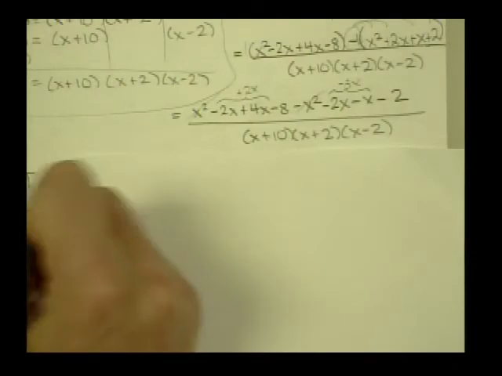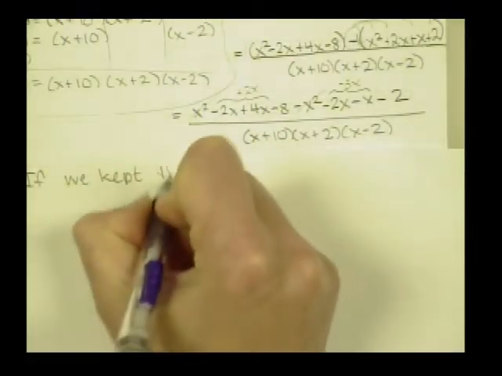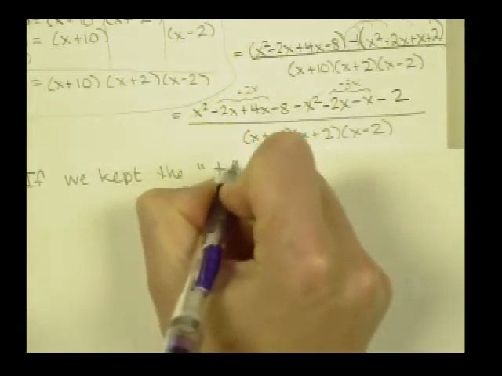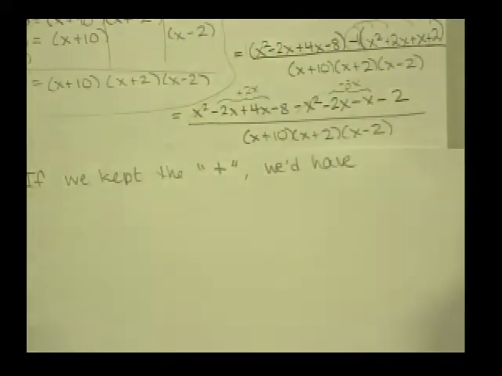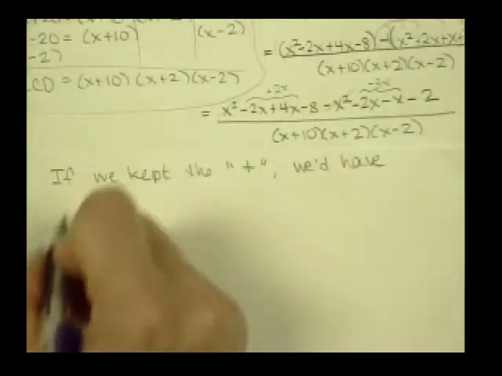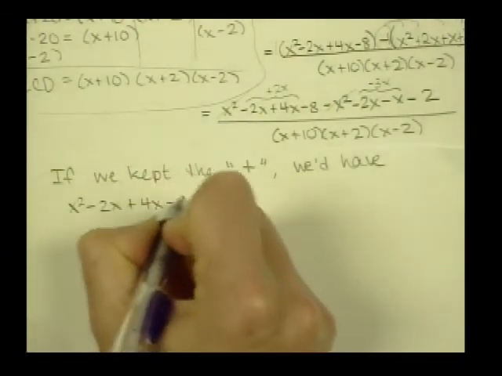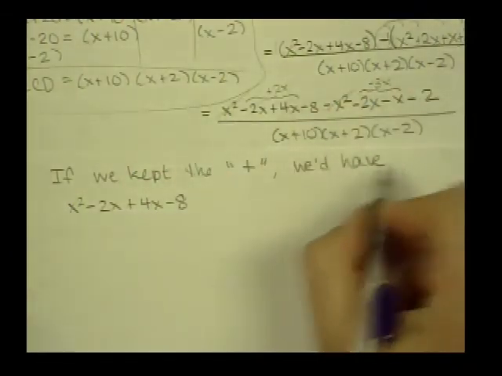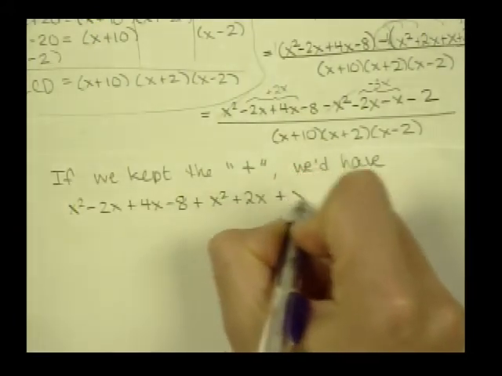So if we kept the plus, we'd just have x squared minus 2x plus 4x minus 8, and then all of these would be plus. Plus x squared plus 2x plus x plus 2.